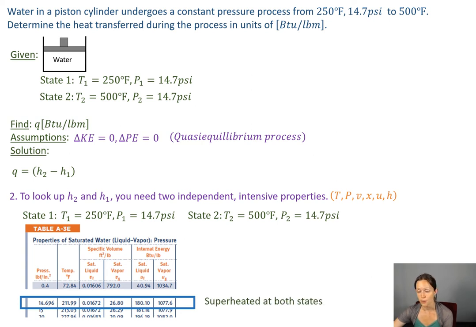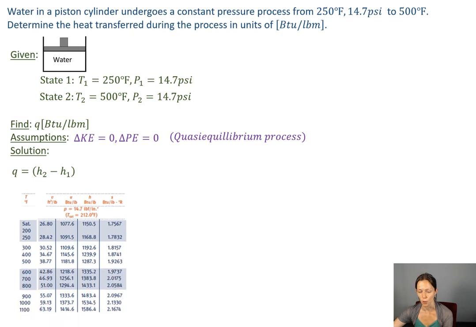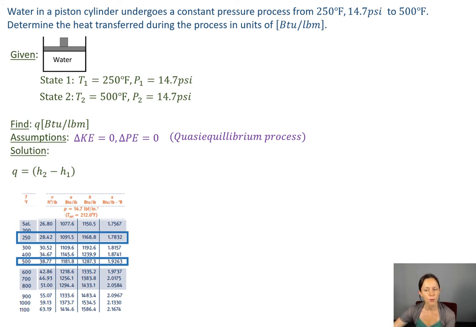So I need to get out of those saturated tables and go to my superheated tables. So at 250 degrees Fahrenheit and 500 degrees Fahrenheit, last time I looked up my internal energy U values, and I also used my specific volume values. But here, the only thing I need is that second to last column, the H column, the enthalpy column. And if I plug in my numbers, I ended up getting 118.5 BTU per pound mass.